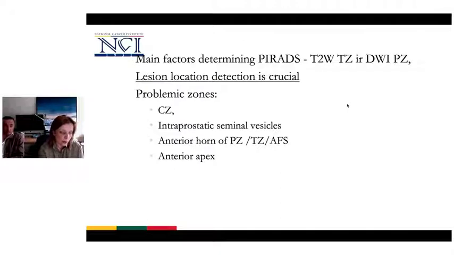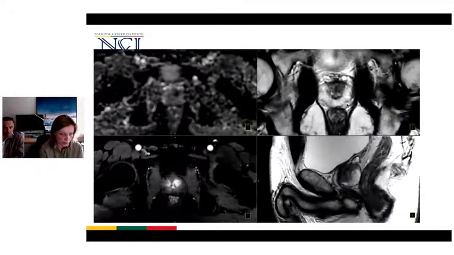Lesion location is important, because you have to say in which zone it is, and then it will be easier to score the lesion. Pay attention to problematic zones like the central zone, intraprostatic seminal vesicles, anterior horn of the peripheral zone, and the apex.